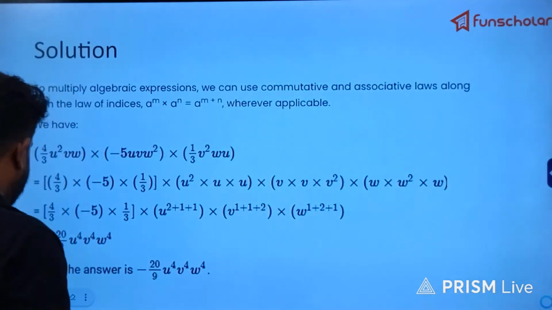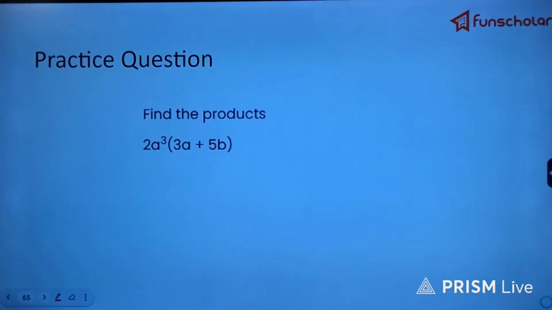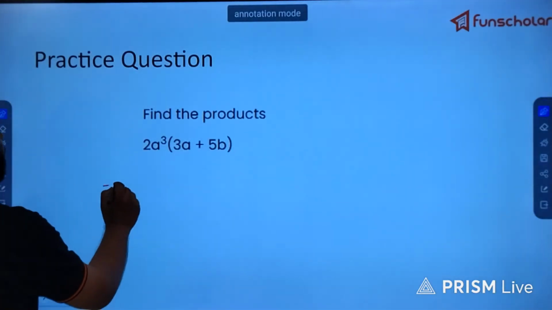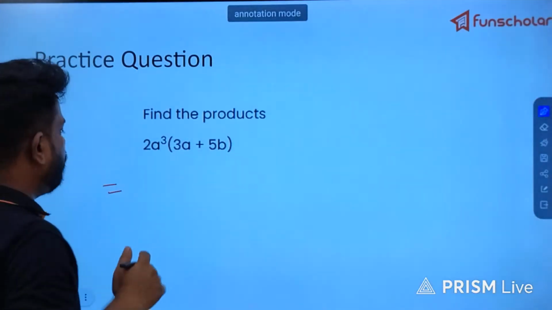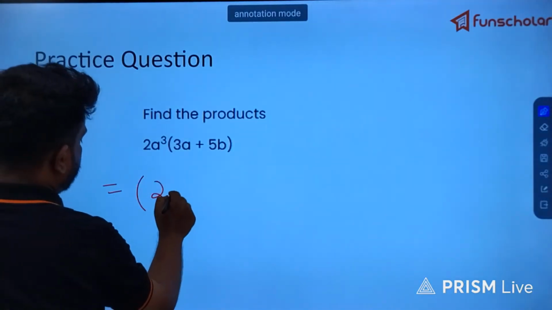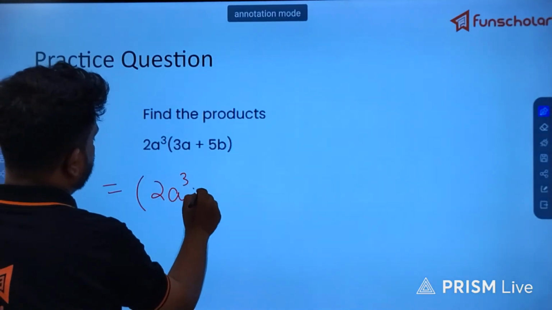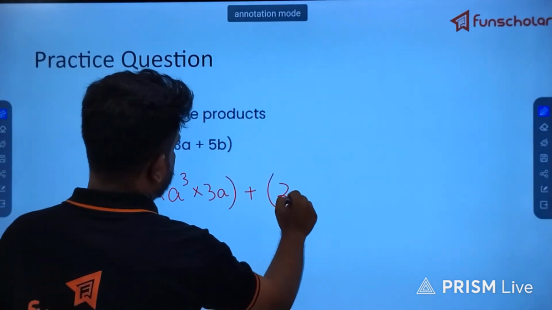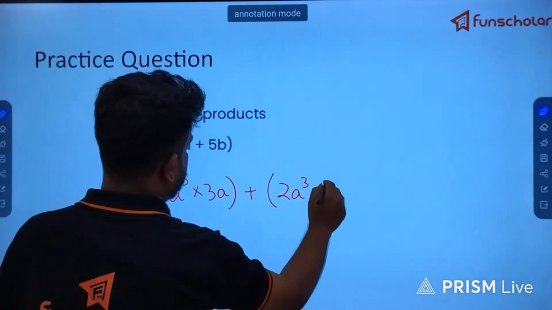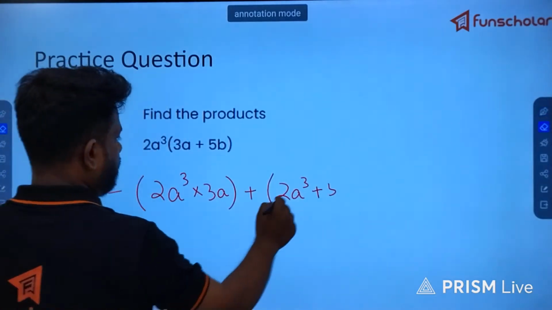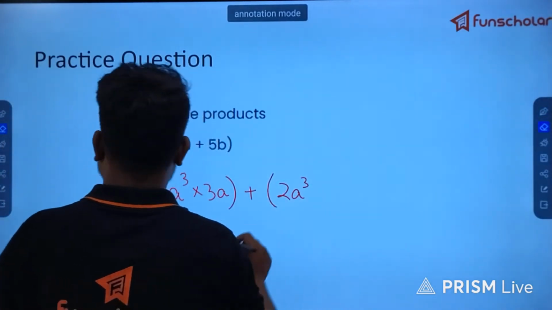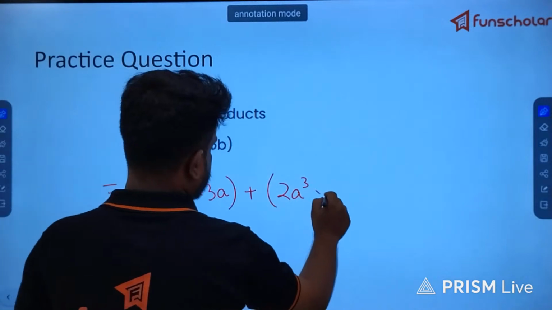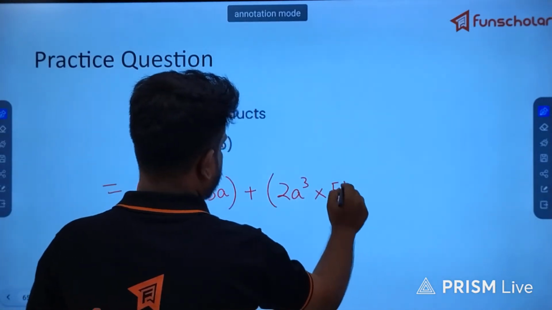Okay, the next one, find the products. Now we will be using the distributive property. For this case it will be 2a cube into 3a plus 2a cube into 5b.